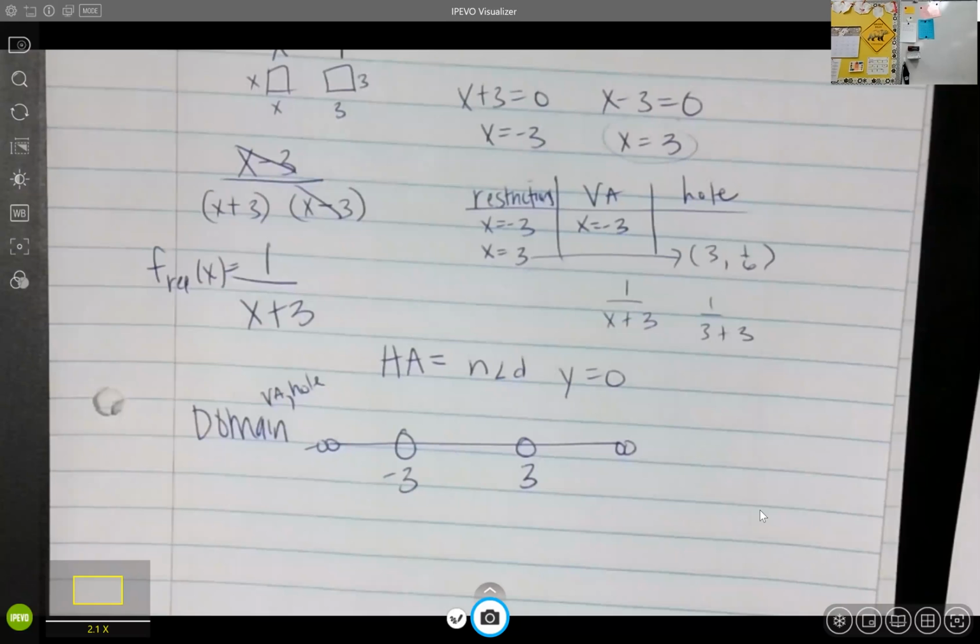Okay, so the first interval of the domain is going to be negative infinity to negative 3, and then negative 3 to 3, and then 3 to infinity, okay?